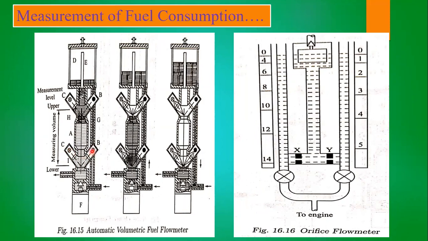Around this we have housings. This is one housing and this is another housing. This is the housing for the photocell, and this is the housing for the light source.